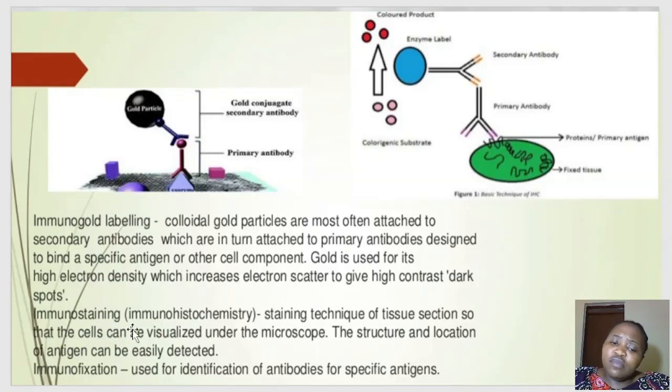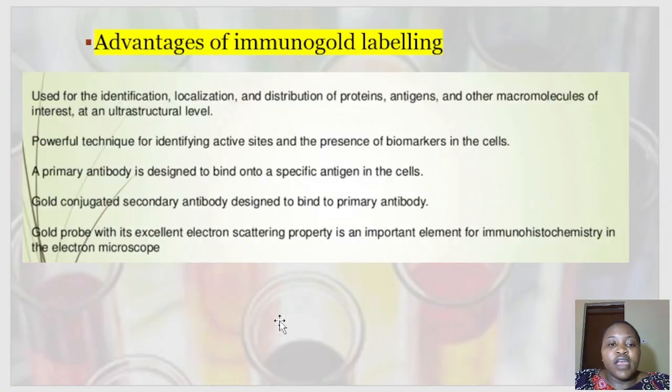But you can also do immunostaining, what we call immunohistochemistry, where you just use color or fluorescence, and you can also visualize under maybe a fluorescent microscope. So the reason why this is important, of course, is that it's powerful. Using immunogold is a powerful tool to help us locate different proteins and antigens and how they're distributed at the ultrastructural level.